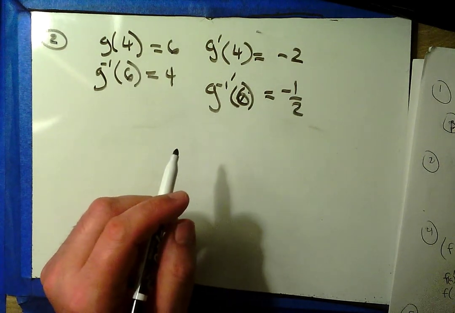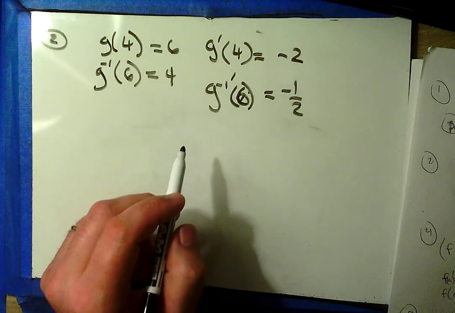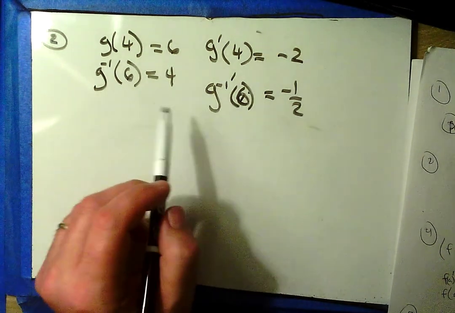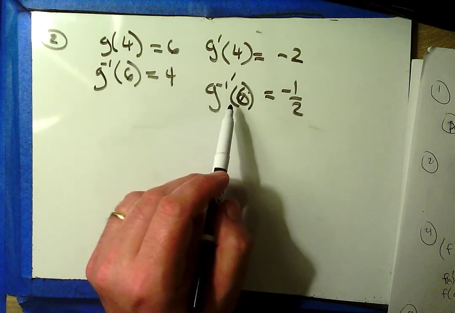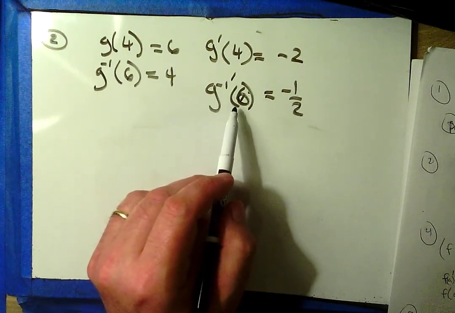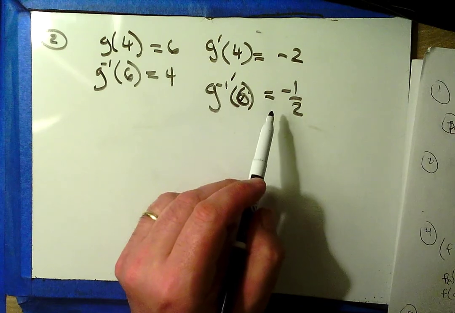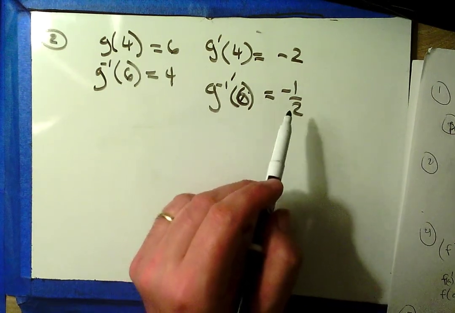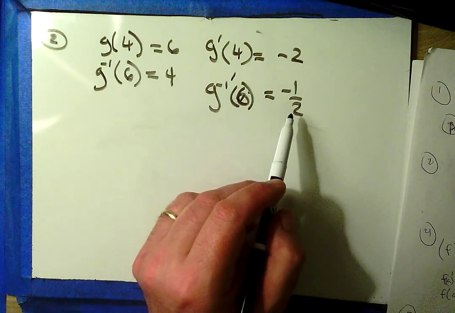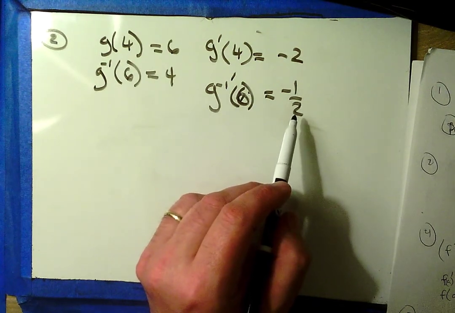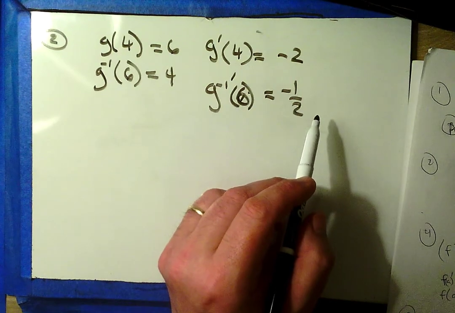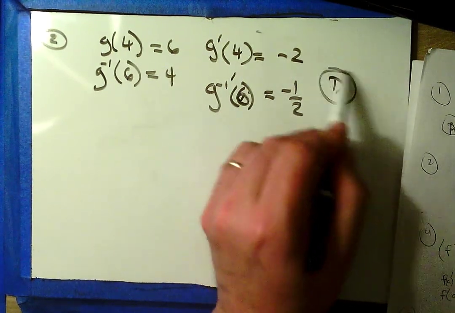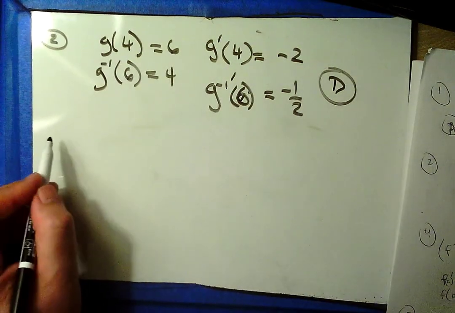Okay, so what are my choices here? Which of the following must be true? So we've got g inverse prime of 6 is 4. No, that's not true. g inverse prime of negative 2. No, that's not true. g inverse prime of 6 equals negative 2. No. Oh, there's our answer. g inverse prime of 6 equals negative 1/2, and so the choice is D for number 2.